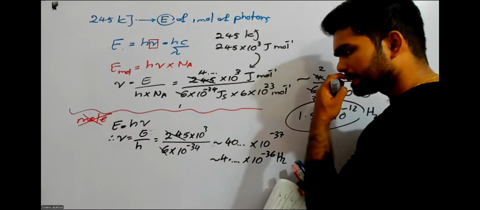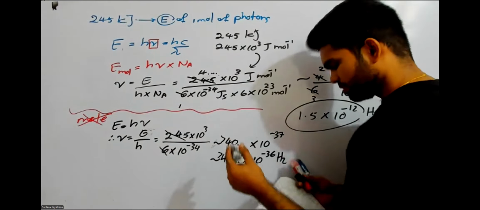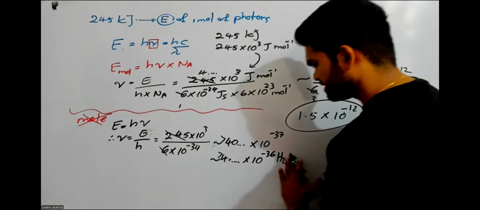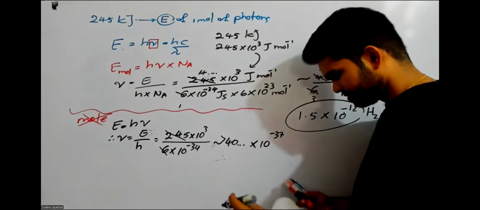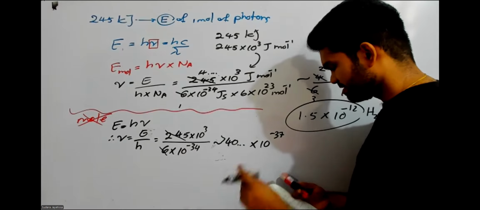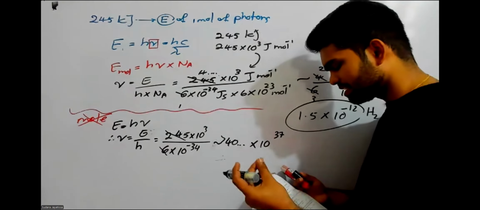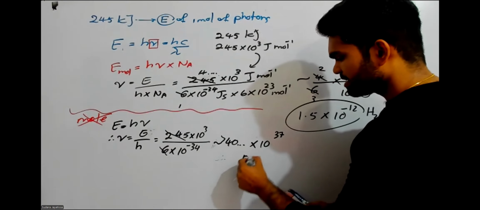It should be something greater than 40, right? So this answer is there: 42.5 into 10 to the power 37 hertz. Sorry, it's not minus 37, it's just 37. So the answer is answer 5.